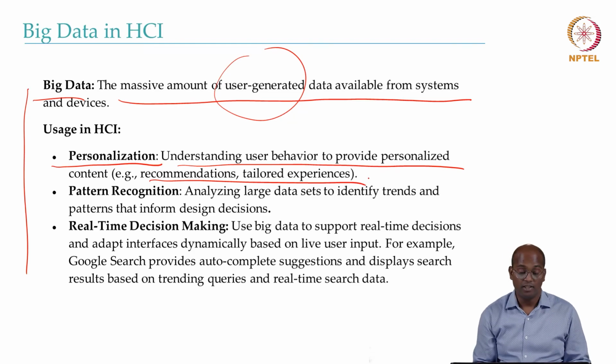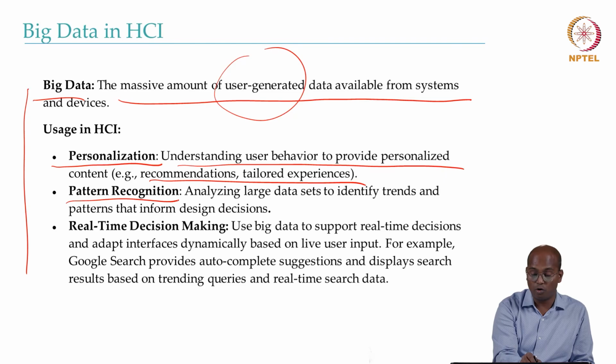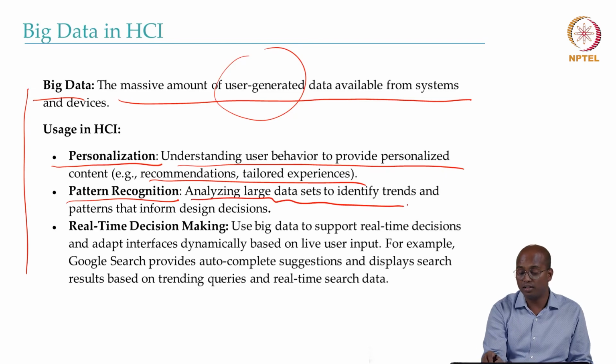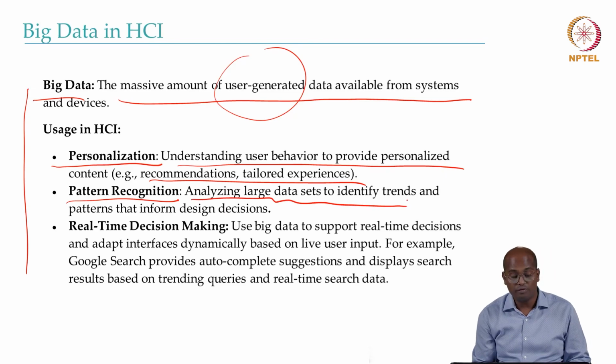Often these recommendation or personalization methods are based on deep learning models, which require a significant amount of data from different users to help you build such systems. Similarly, pattern recognition: analyzing large data sets to identify trends and patterns to inform design decisions. Again, that requires a good amount of data to build something which can provide more accurate solutions.